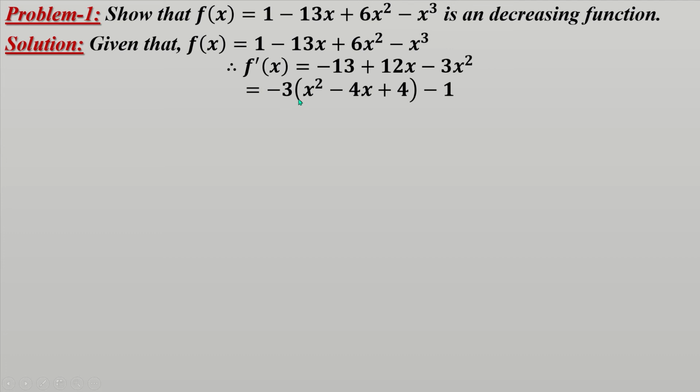Now here, take 3 common: minus 3 into x squared minus 4x plus 4 minus 1. Here x squared minus 4x, and this into this will give minus 12, but as here it is minus 13, we have to subtract 1 here. This is equal to, you can write, minus 3 into (x minus 2) whole squared minus 1, which is less than 0, and is always negative for all real values of x.